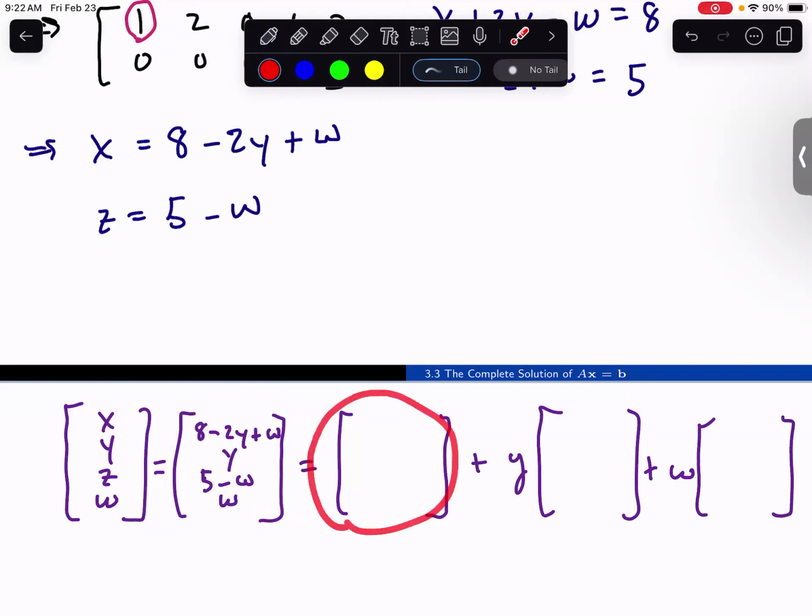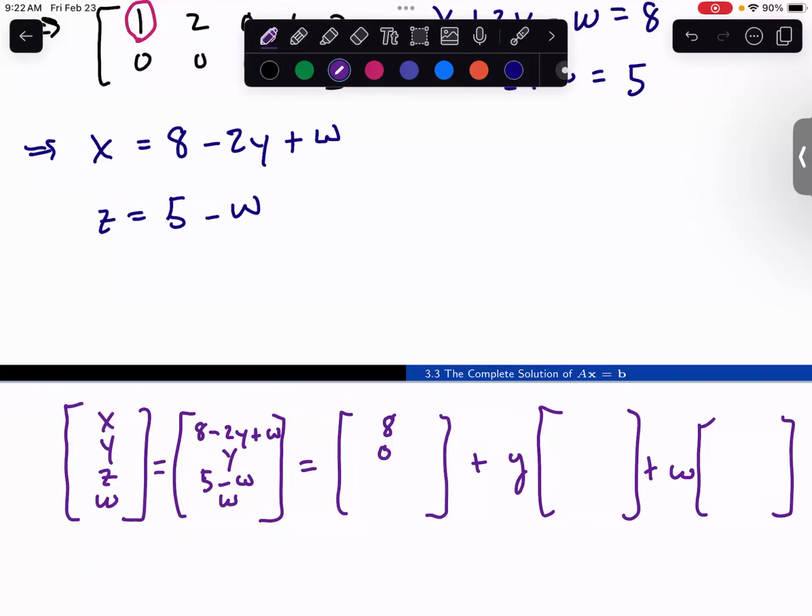This first vector is just going to consist of the constant terms inside of this vector right here. So this is going to be 8 in the first component, corresponding to this 8 here. The second component is just going to be a y, so it doesn't have a constant term. So this is just going to be 0. The third component has this 5.